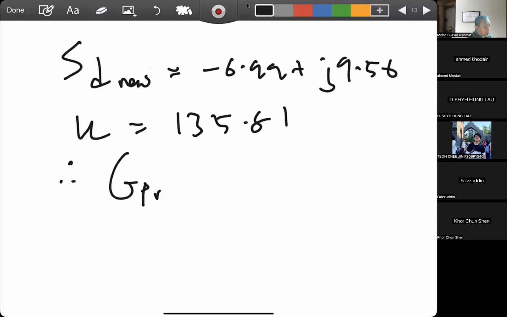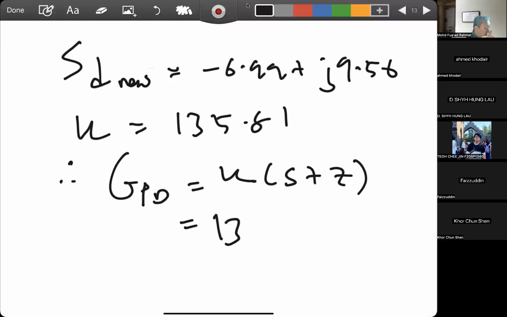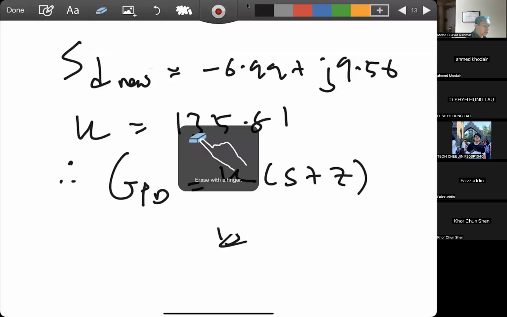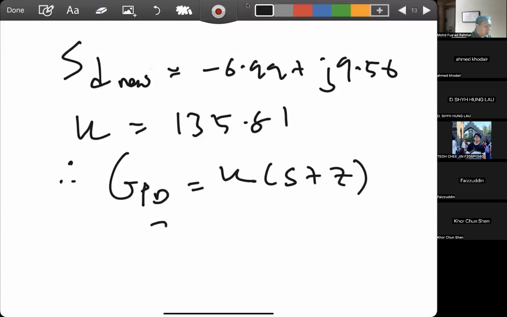Therefore, GPD is equal to k times s plus z. So z is equal to KP over KD, which is equal to 2.12.